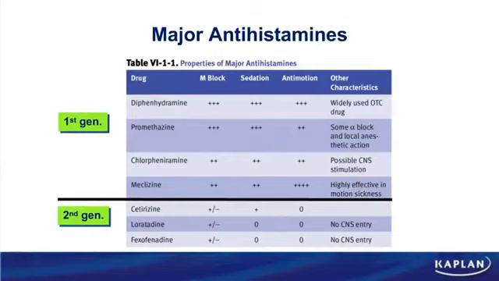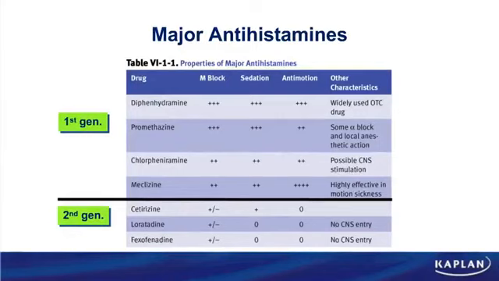And you should start by learning the advantages of second-generation drugs. The second generations are less likely or very unlikely to enter the CNS, and as a result, they're going to be much less sedating compared to first-generation drugs. In fact, that is such a big advantage, I think it makes for an excellent test question.